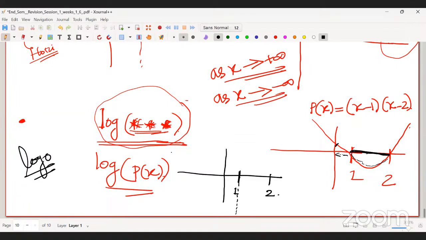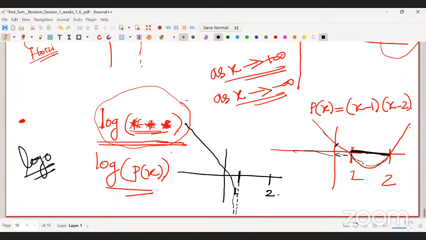During that period you will have an asymptote here, right? If you come here, p of x is going towards plus infinity, so log of p of x will also go towards plus infinity.